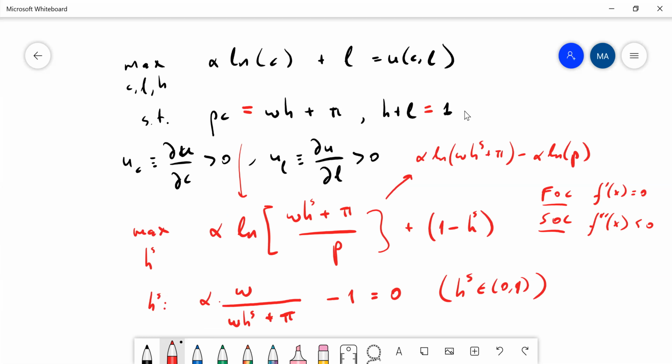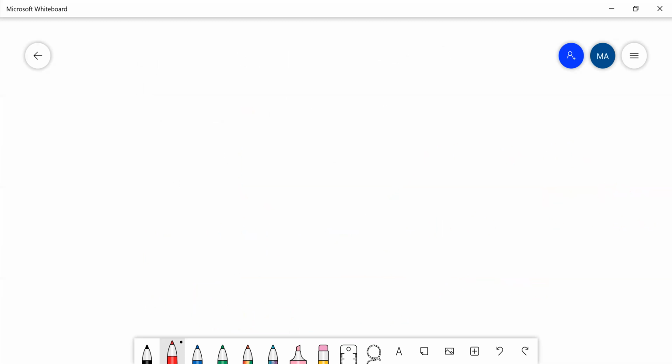And if you look at that, the second order derivative is negative because HS is here in the denominator, right? So I have this that summarizes the optimality condition, okay? In fact, I can actually now solve it. Alpha W divided by WHS plus pi equals 1, right?